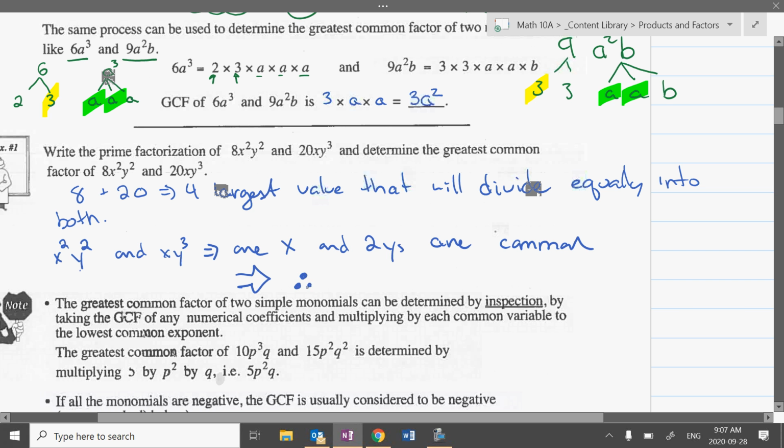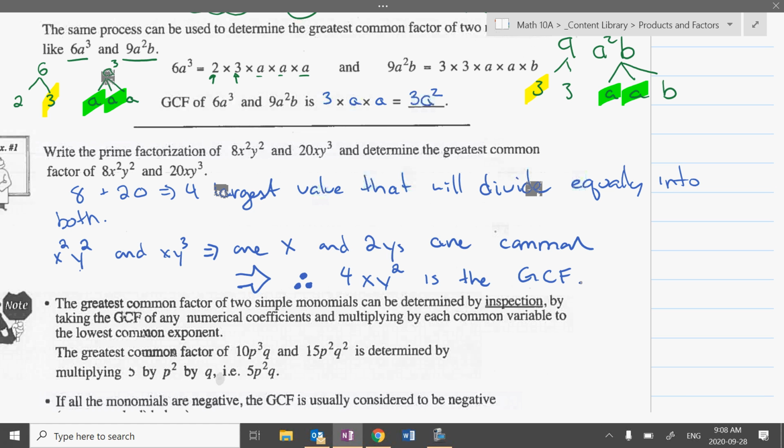You guys remember the 3 dots, it's like therefore: 4x, I wrote x squared y squared is our GCF, greatest common factor. So you could show your work like that. This question is fairly straightforward. If you just wrote 4xy squared, that would be sufficient.